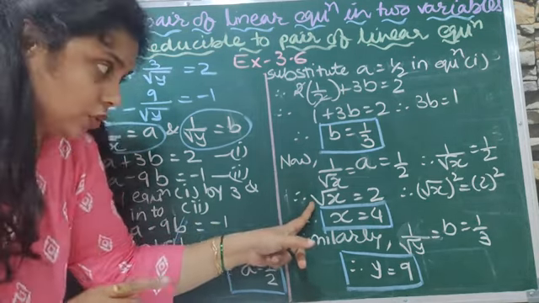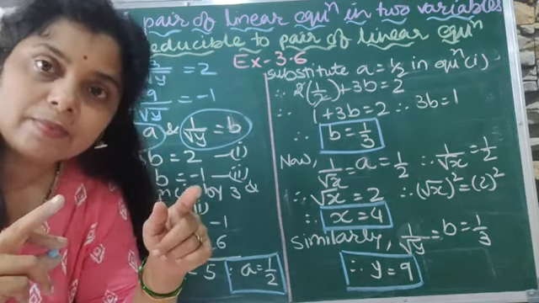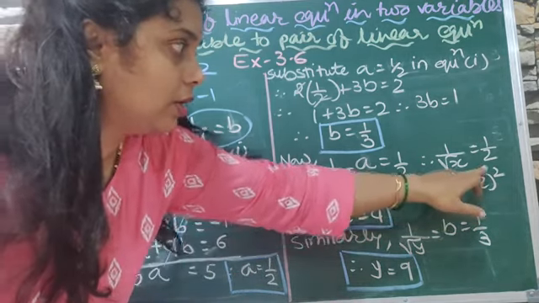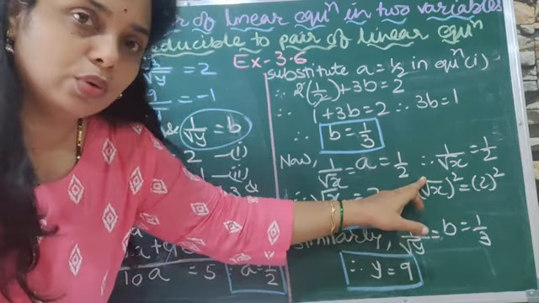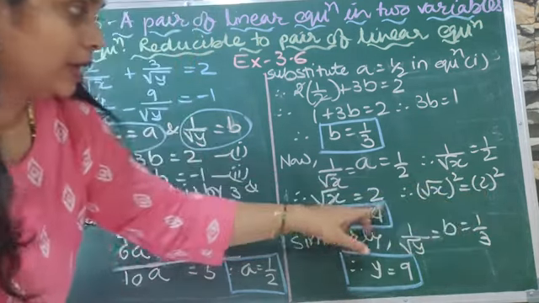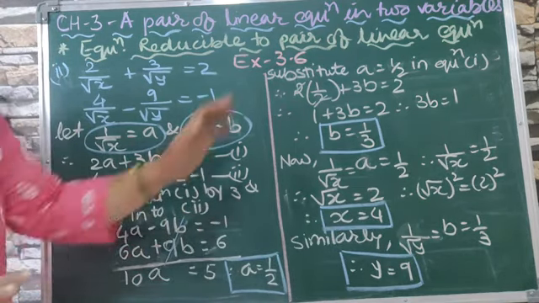To remove the root, we have to take a square on both sides, and therefore x is equal to 2 squared, which is 4. I hope you got this concept.